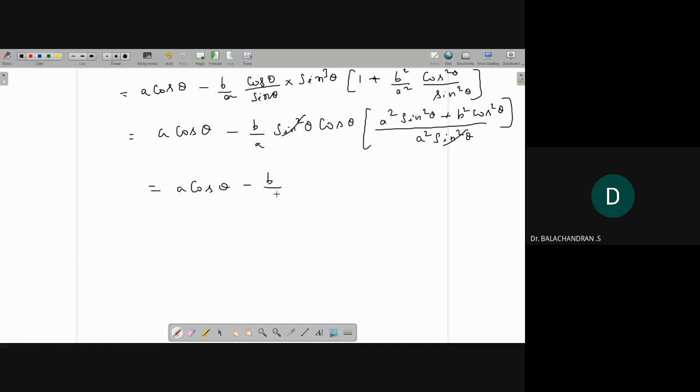So minus b by a sin square theta into cos theta. And if you multiply these two, you have minus b by a, so minus b cube into cos cube theta divided by a cube.